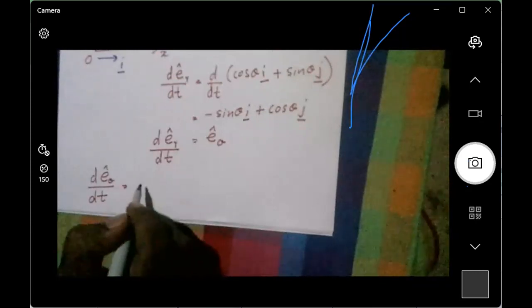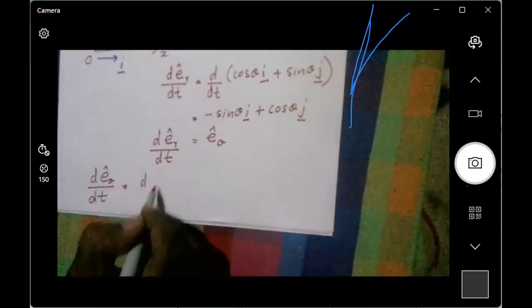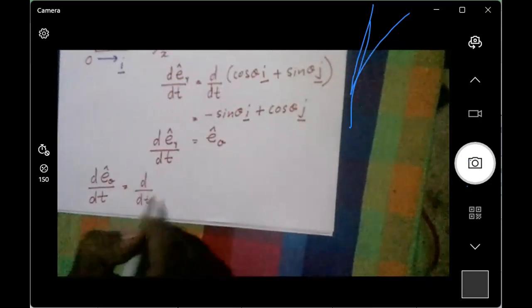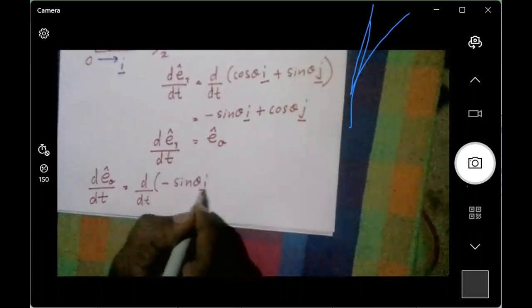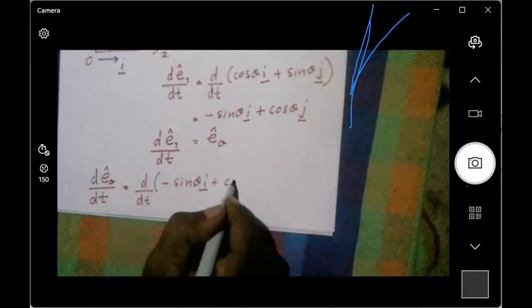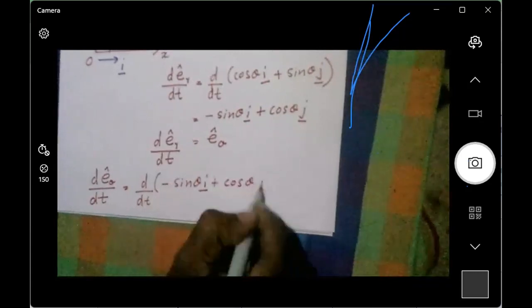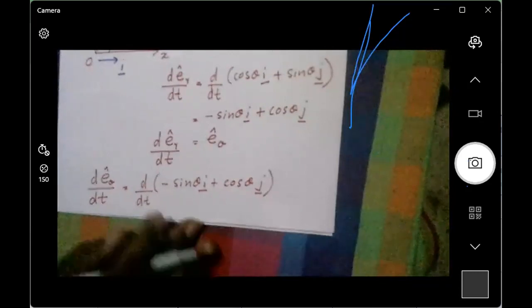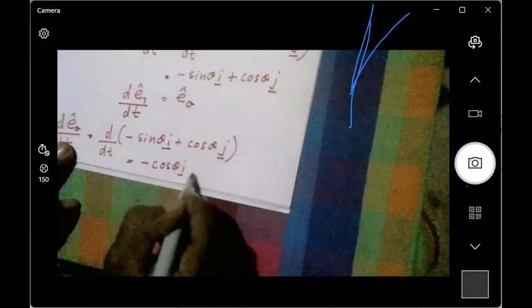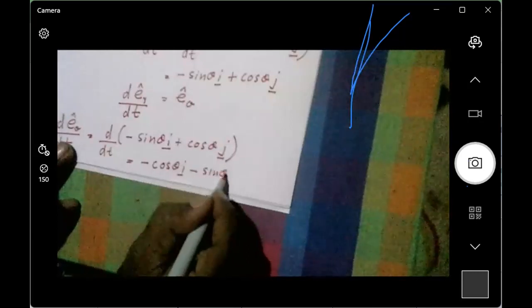This will be d over dt of minus sine theta i plus cos theta j. When you do the differentiation, we have minus cos theta i minus sine theta j.